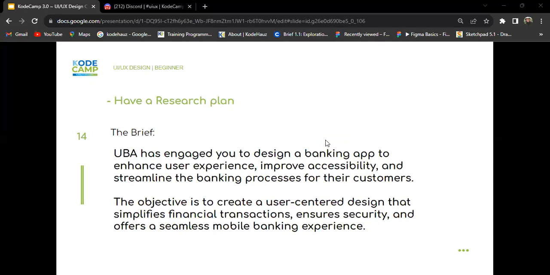UBA has engaged you to design a banking app to enhance user experience, improve accessibility, and streamline banking processes for their customers. Now, the objective is to create a user-centered design that simplifies financial transactions, ensures security, and offers a seamless mobile banking experience. This is the brief.